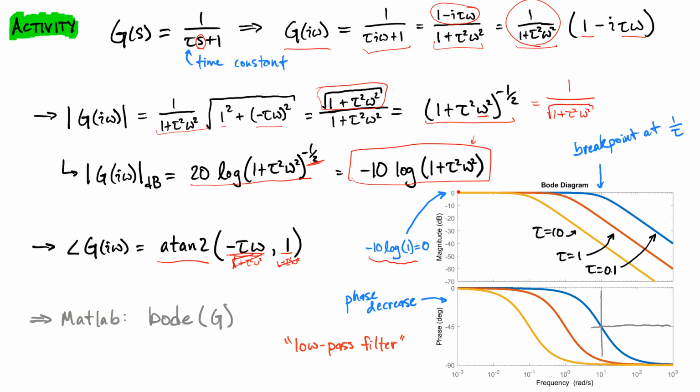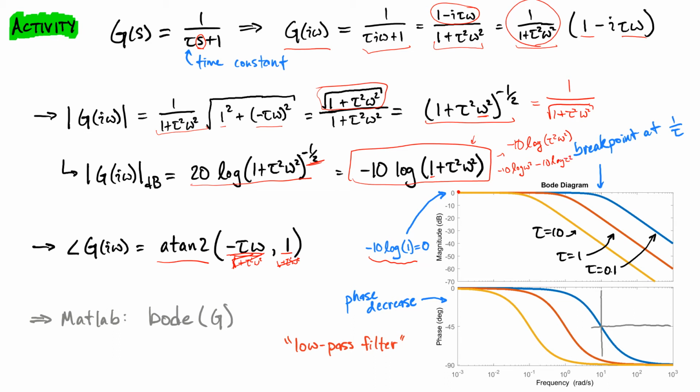So at high frequencies, what happens? At high frequencies, the 1 term here is insignificant. And so this looks like minus 10 log of tau squared omega squared. Now we can use our log rules to split this up. This is minus 10 times log of omega squared, and then minus 10 log of tau squared.